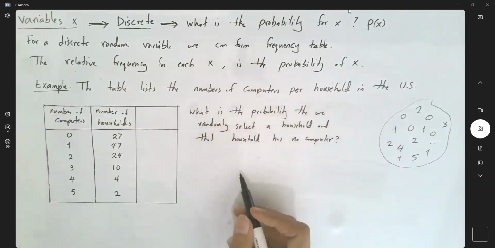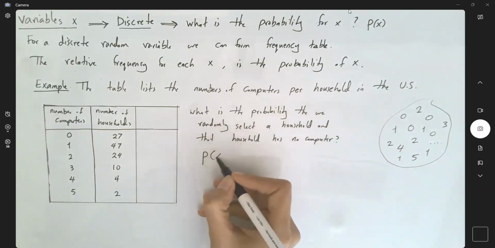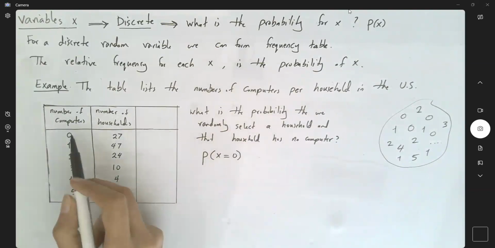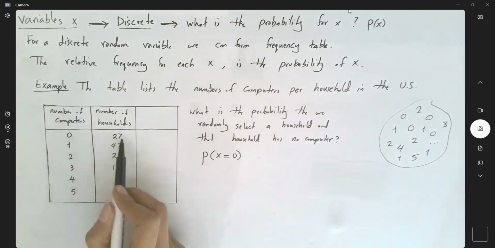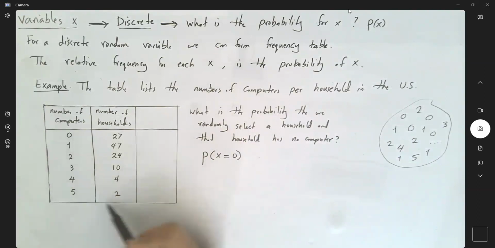This is the English representation. Mathematically, you say, what is the probability that X is 0? And as you can see, these are countable values. We can easily count them. No computer, 27. 1 computer, 47, and so on. So you have the frequency or count for each variable.